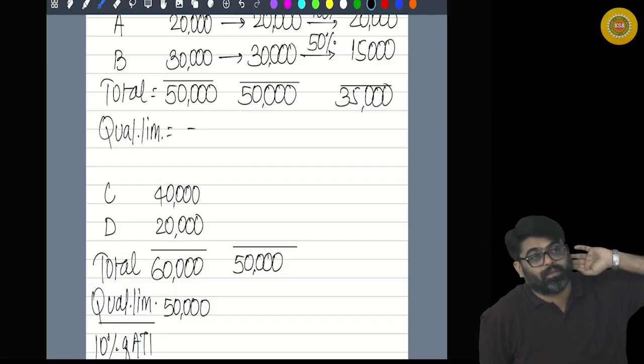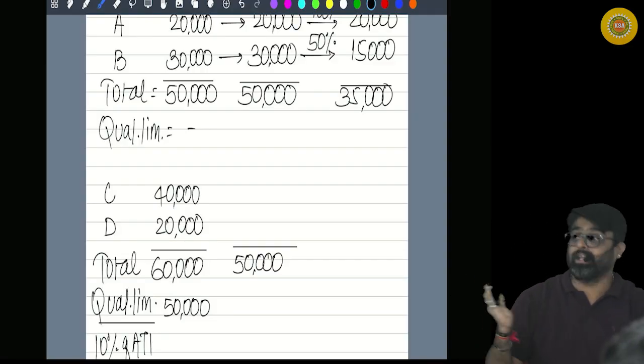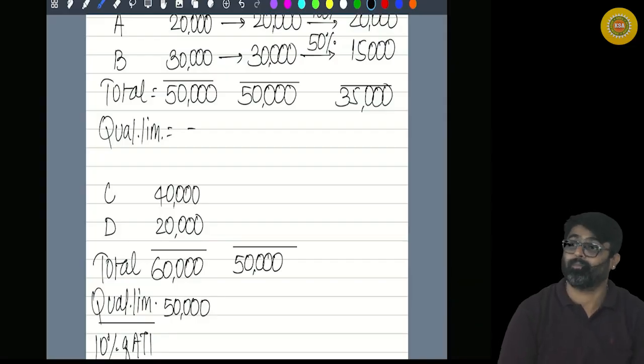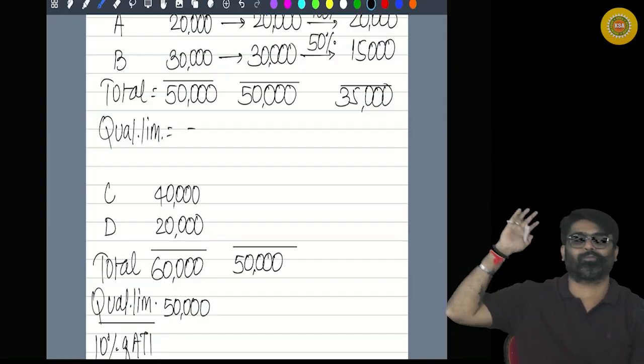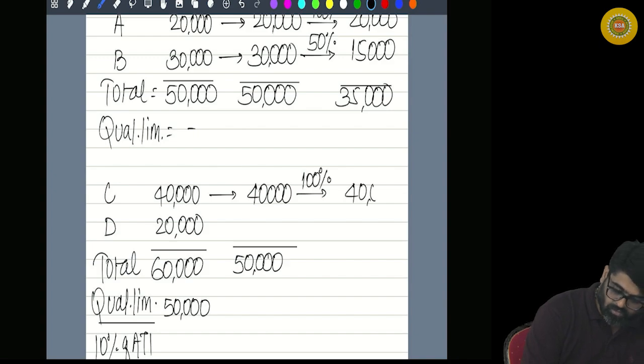Getting my point? Which is better? Qualifying C entirely is better or qualifying D entirely is better? Why? Because 100% deduction for C. So can I qualify this entire 40? Yes or no? Because 100% out of that will be allowed as a deduction. That is 40,000.